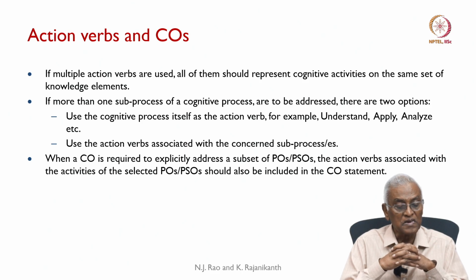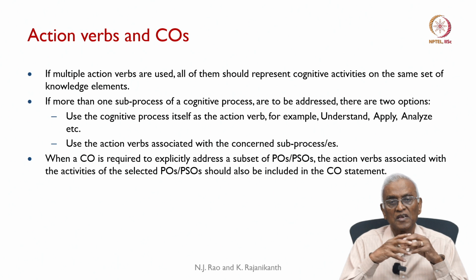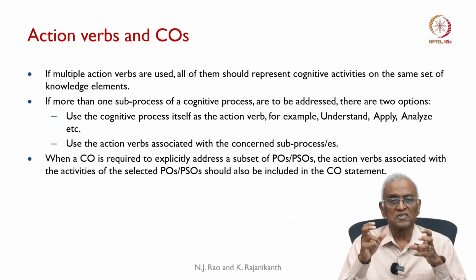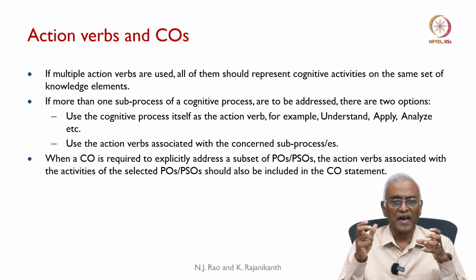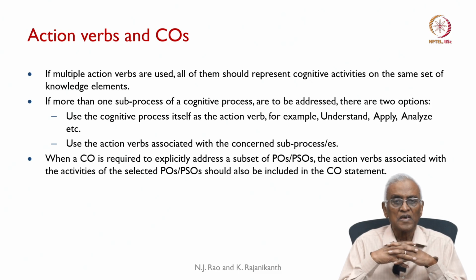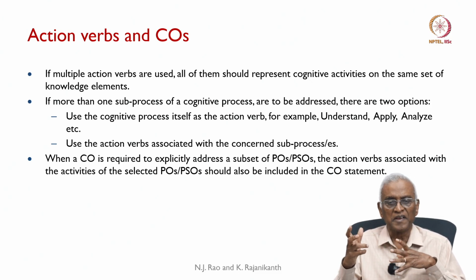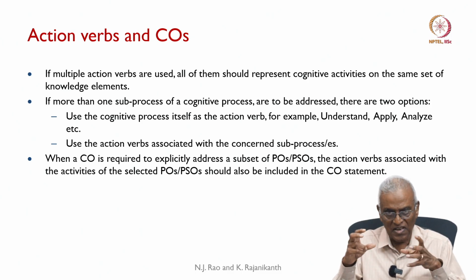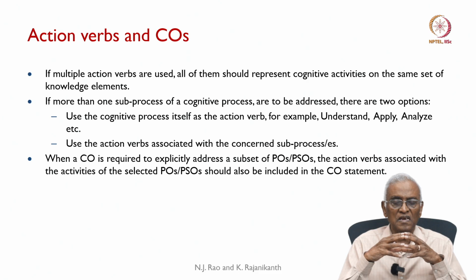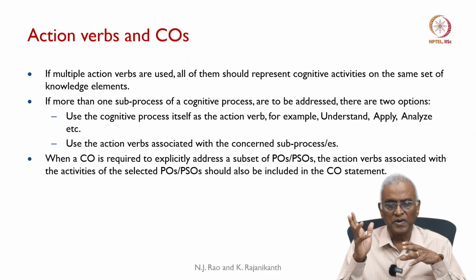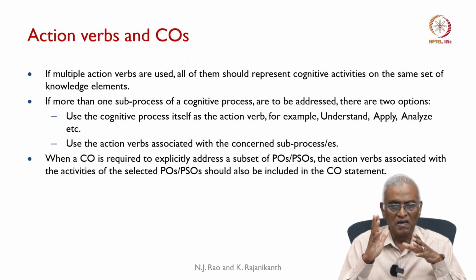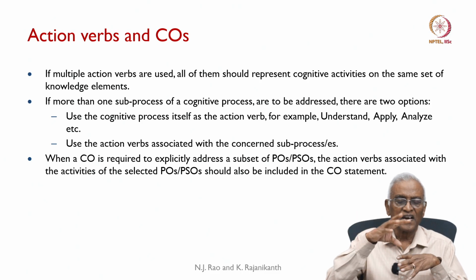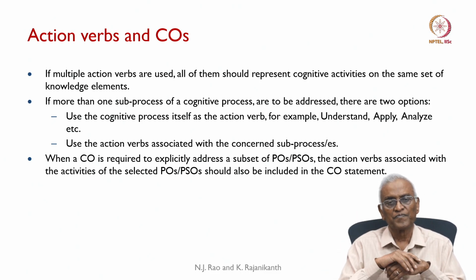Now what may happen is, use the cognitive process itself if more than 2 or 3 sub-processes are identified. For example, if you say interpret, summarize, explain, if you want your CO to include all 3, in that case, instead of using each one of them separately, you can write understand as the action verb.